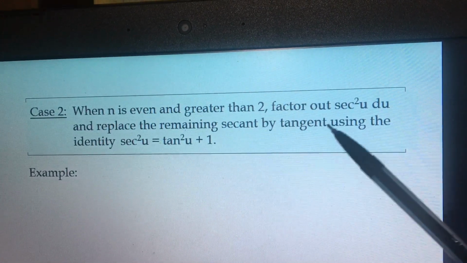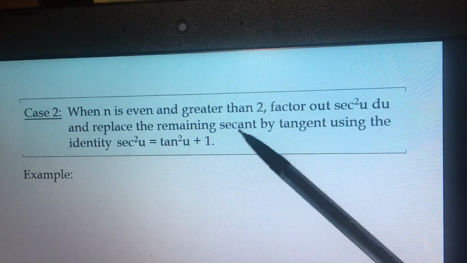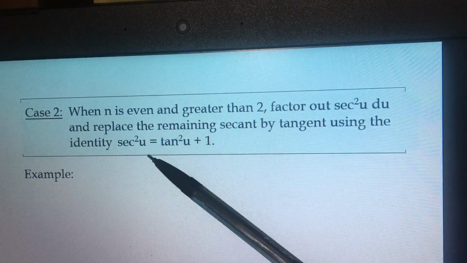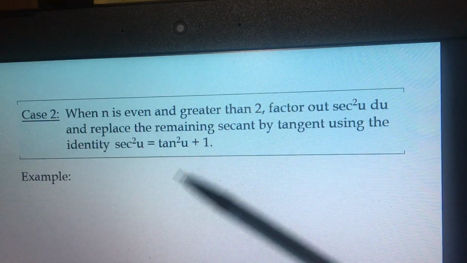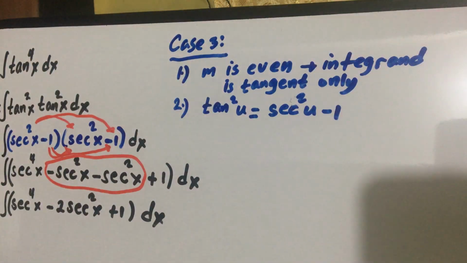The rule here is to factor out secant squared u du and replace the remaining secant by tangent, and then use the identity secant squared u equals tangent squared u plus 1. So we have to apply this case for our first term here.